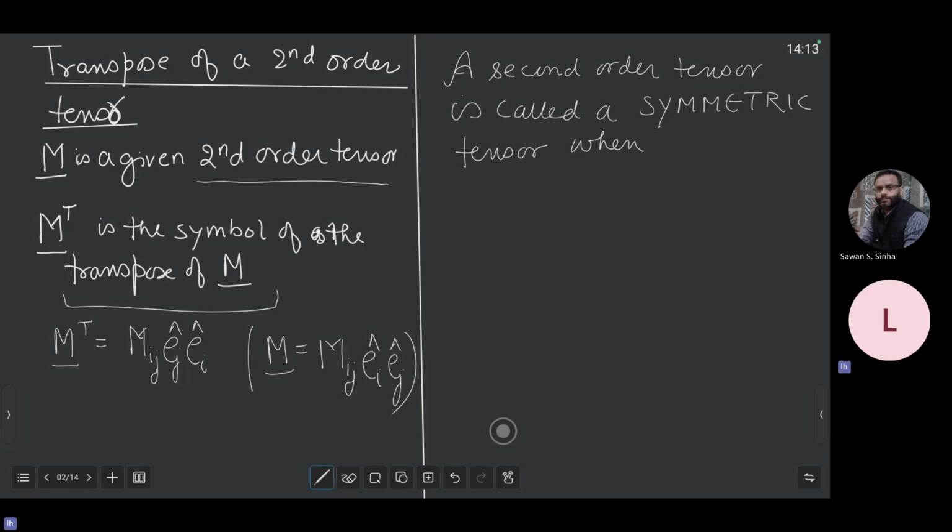Based on this, what should be the condition? M transpose. That's the definition. Not generally true, true for some tensors.